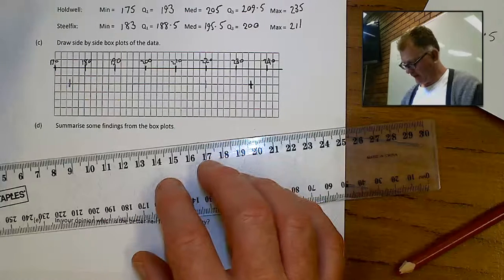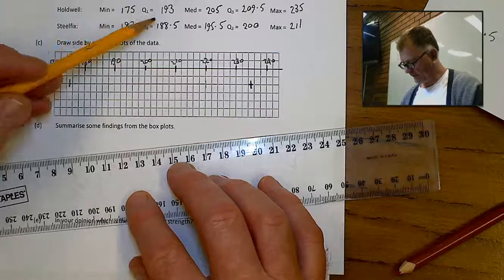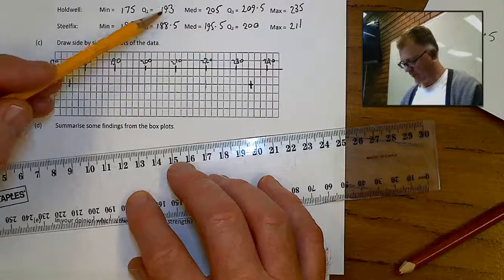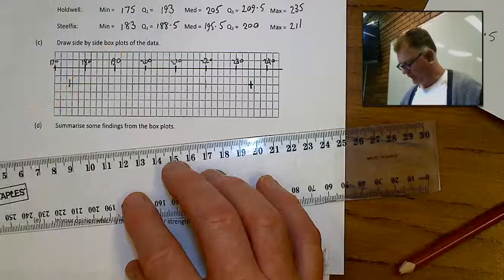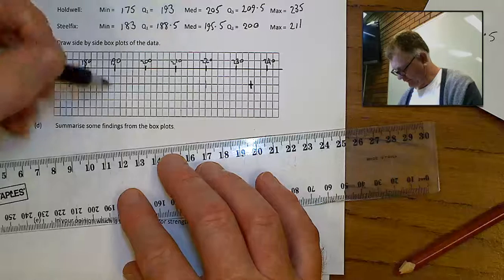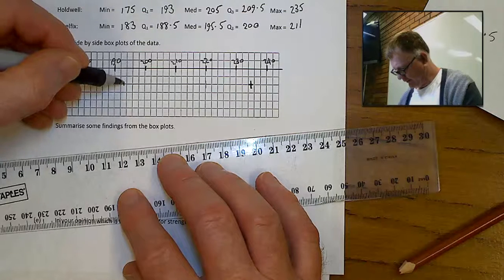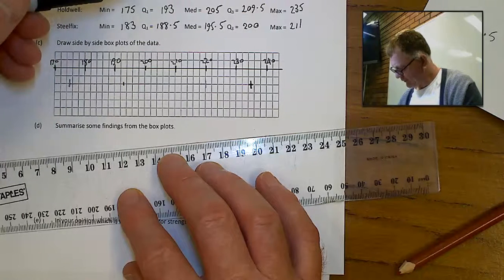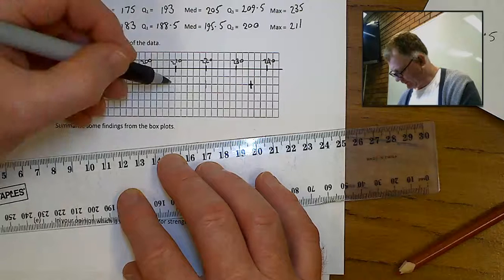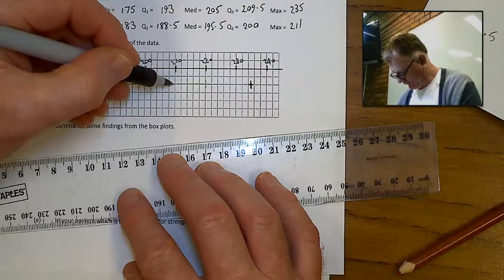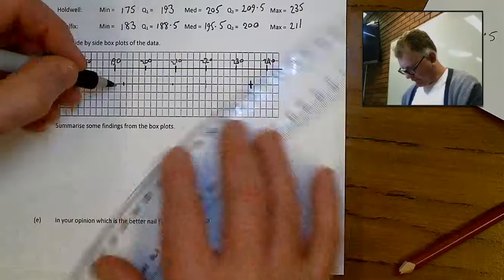Then a box, and the box has to go between the upper and lower quartiles, so from 193 up to 209.5. There. I'll draw a box.